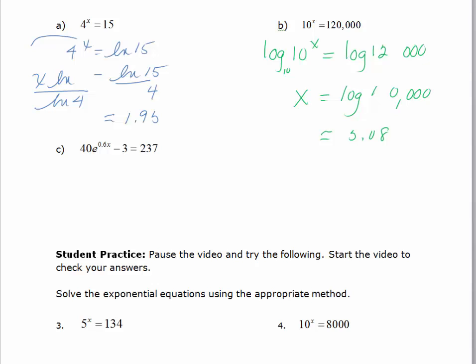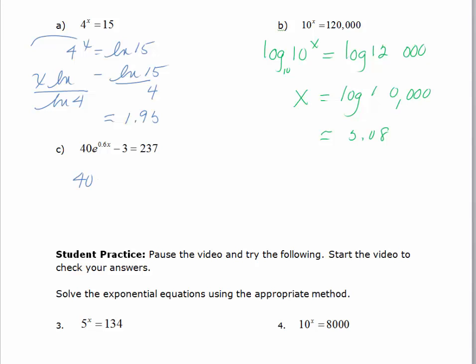I'd like to do one more example with you before you try a few problems on your own. So this part C, we're going to first isolate the exponential expression, which is the 40e to the 0.6x. So I'm going to add 3 to each side.